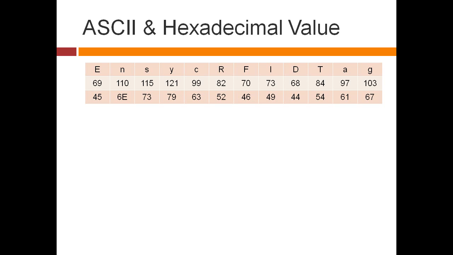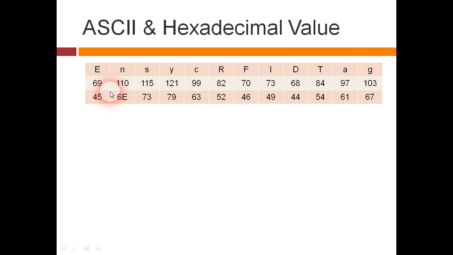So let's consider the example of a tag value. It's 12 characters long, or 12 bytes, and it has a tag value called NSYC RFID tag here. So what would be an equivalent hexadecimal for each character? 69 is the decimal equivalent ASCII code for capital letter E, and so on and so forth for this row.